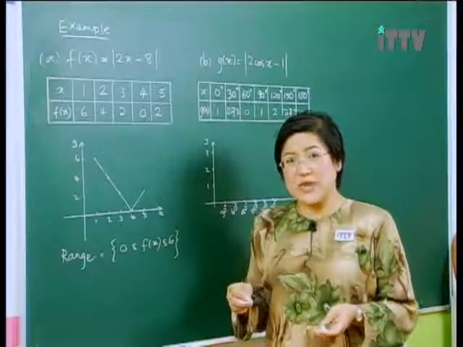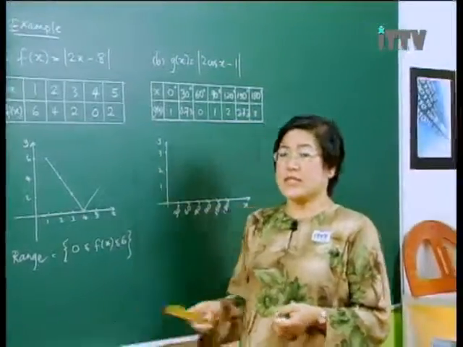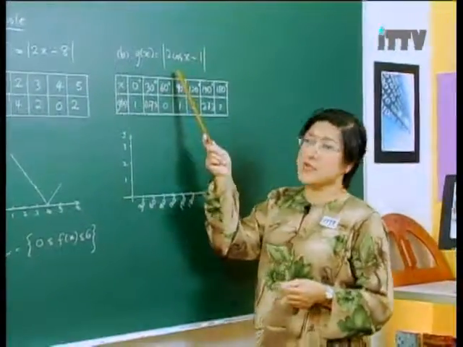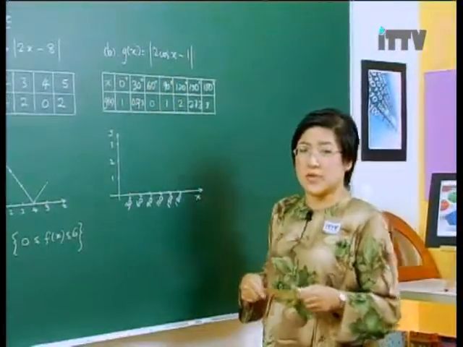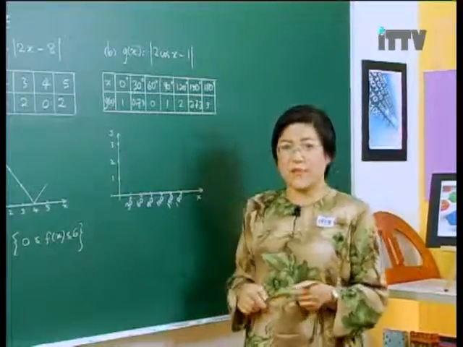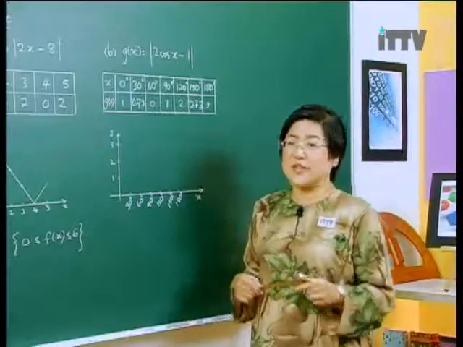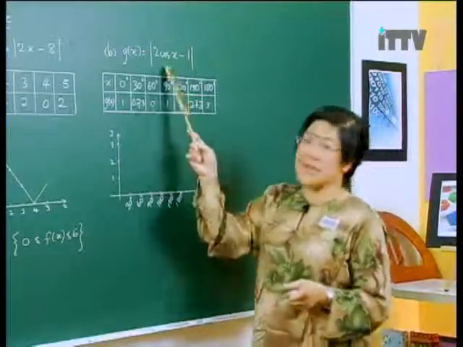Moving along to part B now, we have a different function, which is g(x) equals the absolute value of 2 cos x minus 1. Again, a table of values can be very helpful, but this time you would really need your calculator to help you find the values of cosine x.